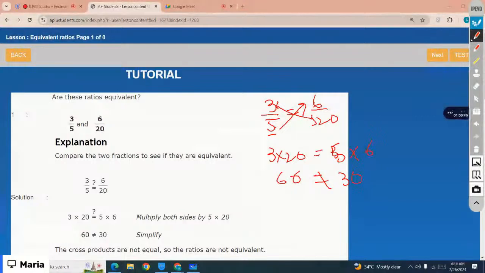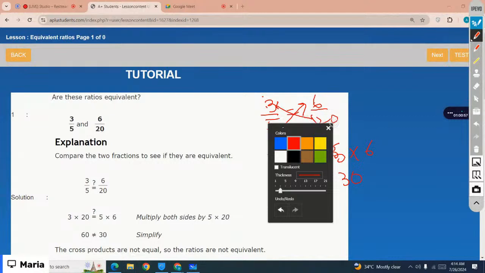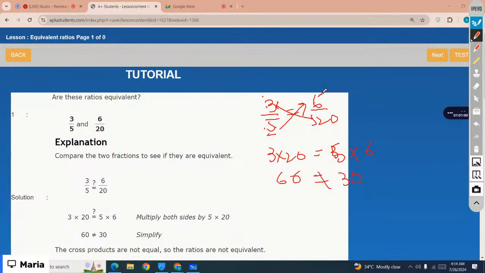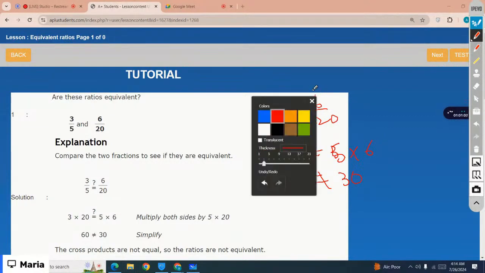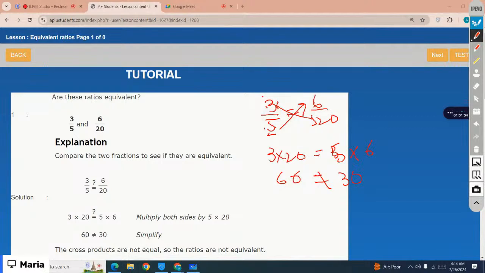What you have to do is cross multiply. Cross multiply means the numerator of the first fraction times the denominator of the second fraction, and the numerator of the second fraction times the denominator of the first fraction. Just multiply them. If their products are equal, that means they are equivalent, right?